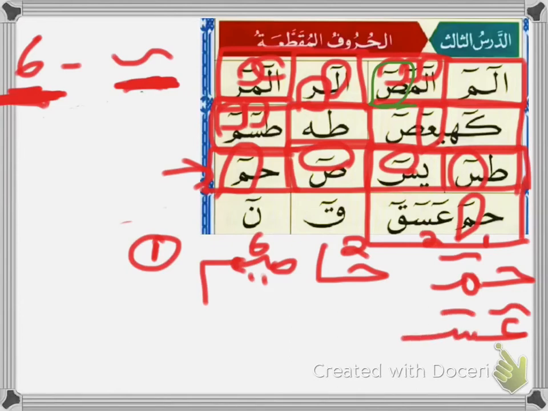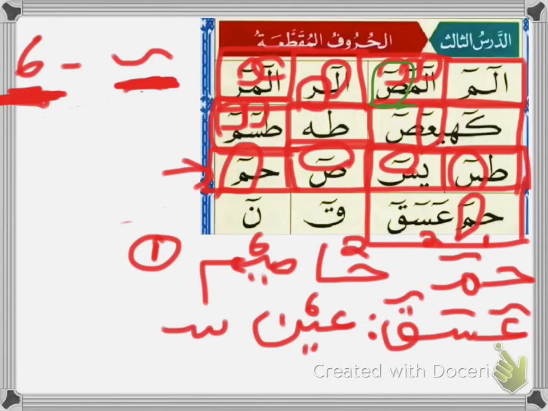So the three of them: Ayn is 6. Sin again has the mad sign, 6, the length of the mad, and Qaf is 6.